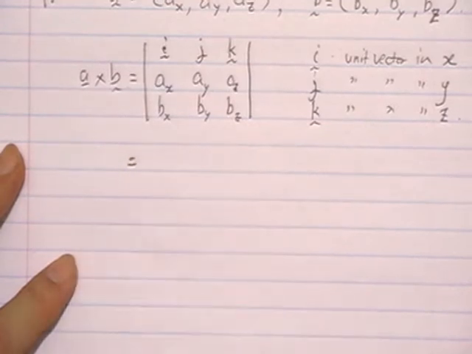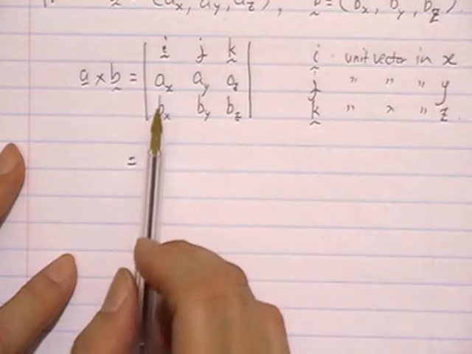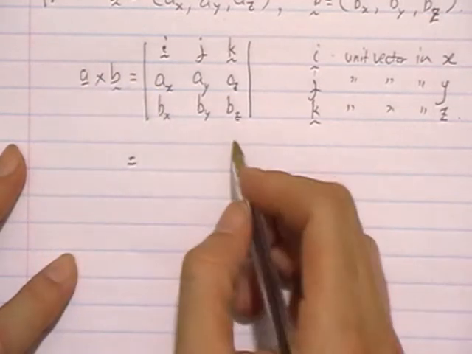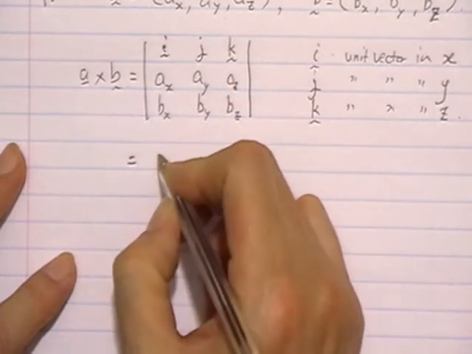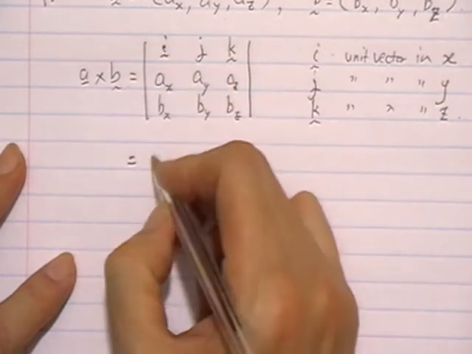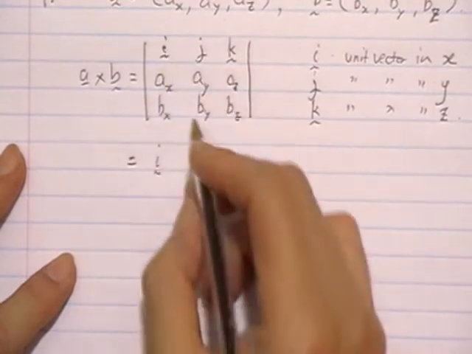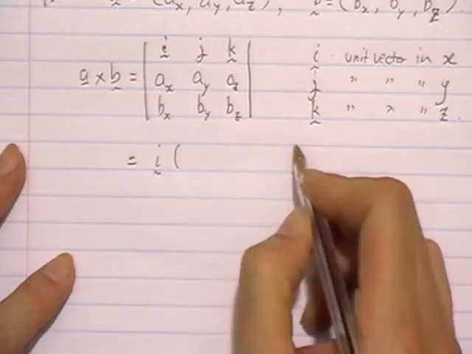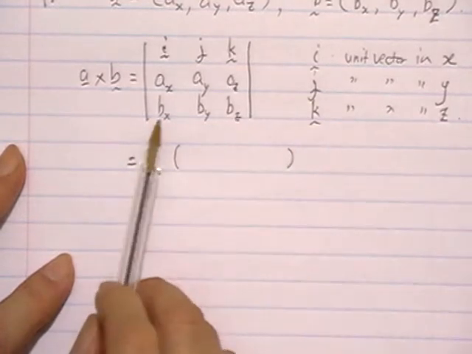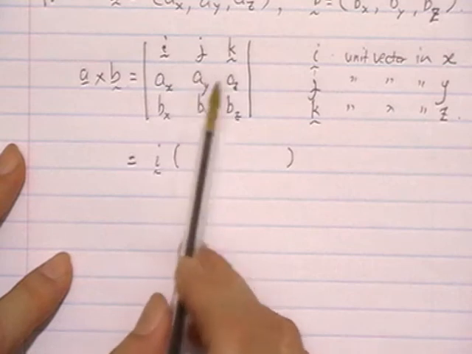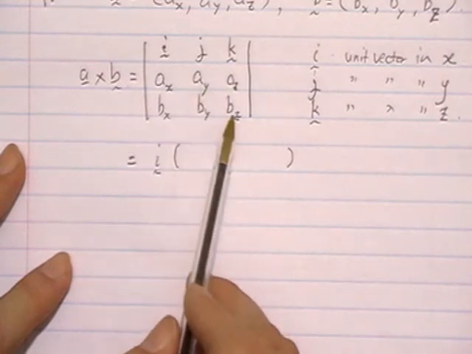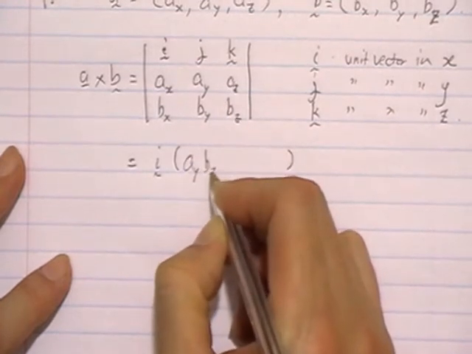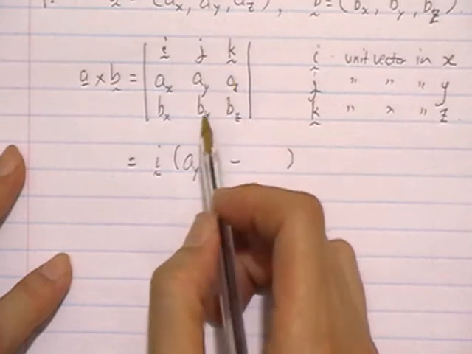This means that I would calculate the components of the cross product by writing out first the vector I and then multiplying it by, I'm going to get ready a bracket, AY times BZ minus AZ times BY.